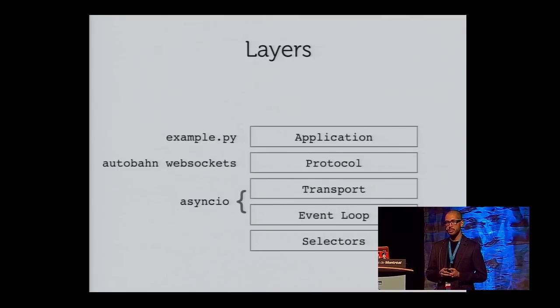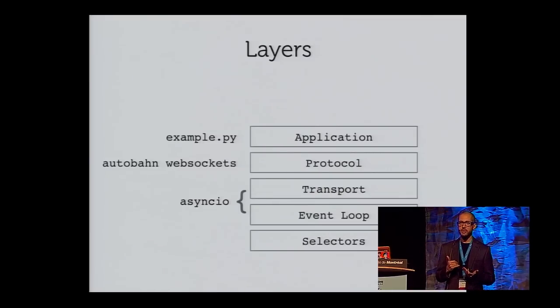So all Async IO applications are kind of built using the same set of layers. There's the application itself at the top, and the application uses a pair of abstractions to actually do the work. And the pair is a protocol and a transport.